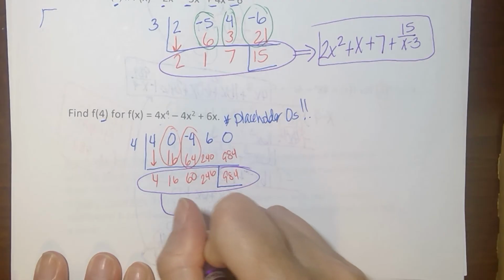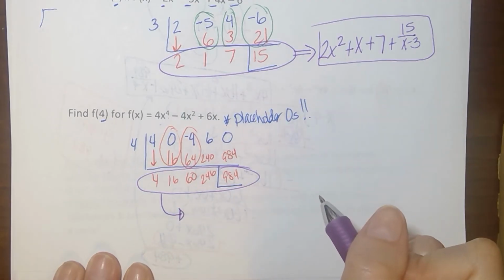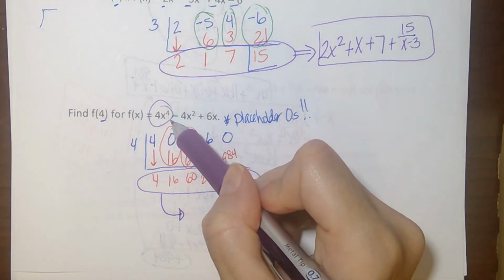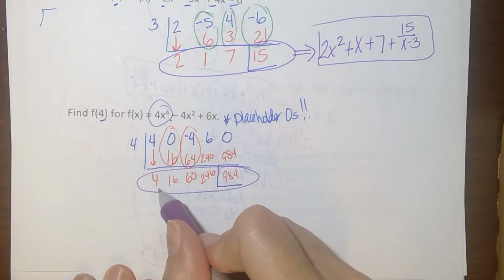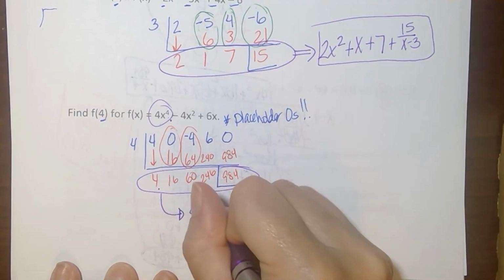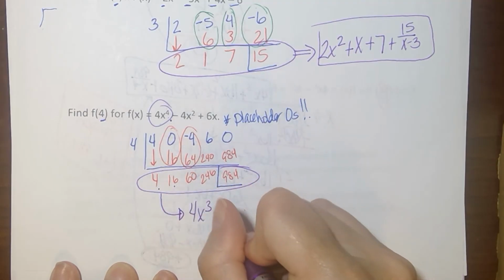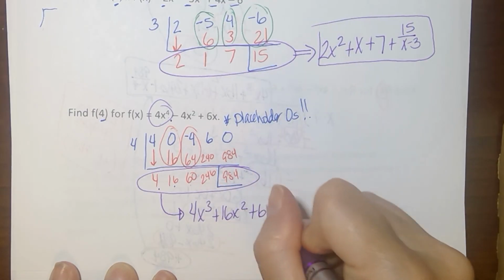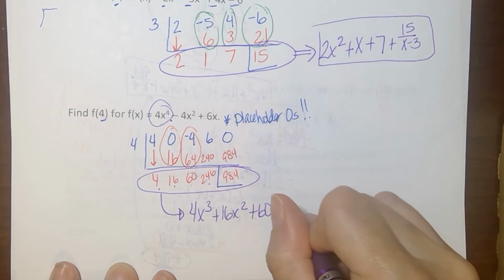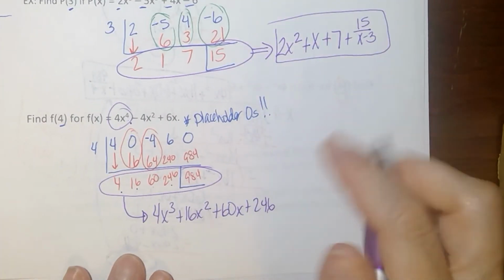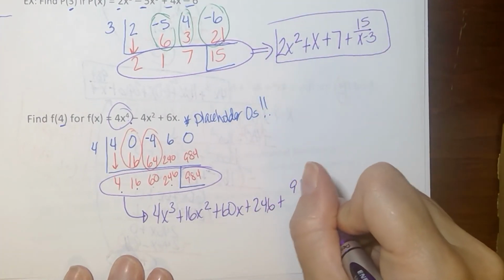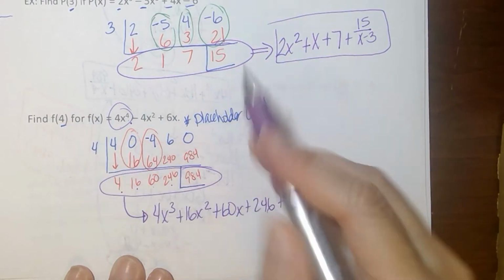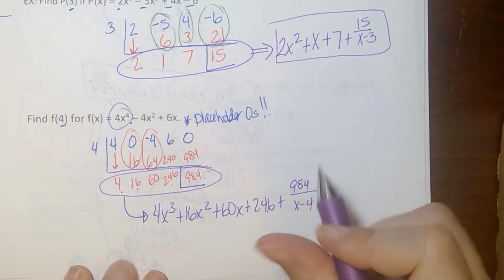I need to interpret that by putting the variables back in. My original function was 4th degree. I divided out a single degree, so my first term here is cubed. So I have 4x cubed plus 16x squared plus 60x plus the constant 246 plus that remainder 984 over, and then I need to think about what that divisor would be as an expression, x minus 4.